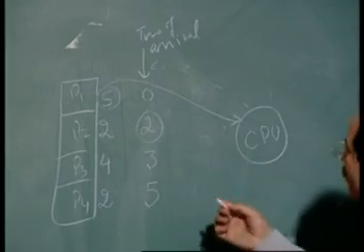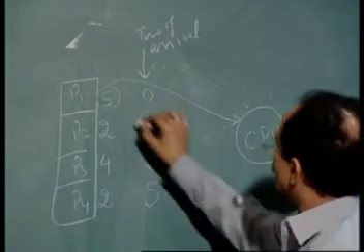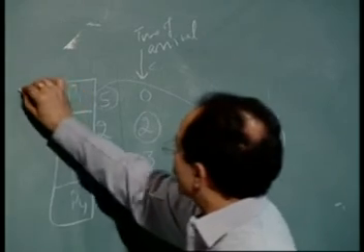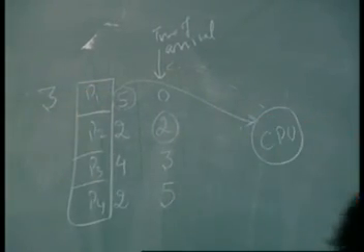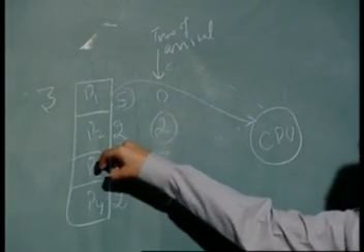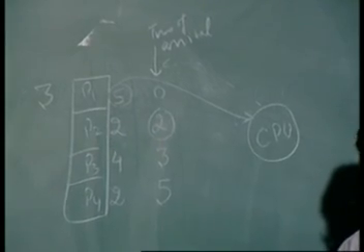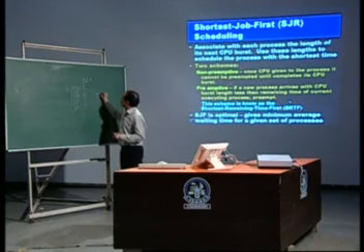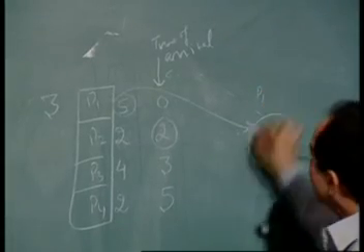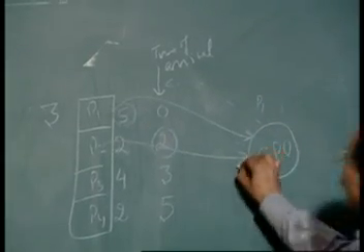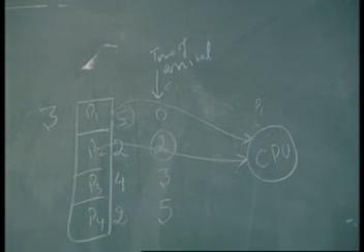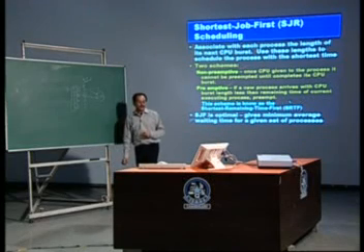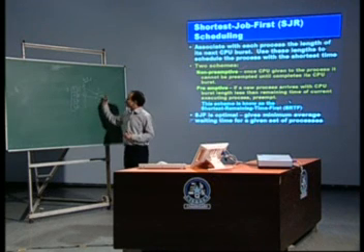If I see how much time is left for execution of P1, it is 3 units of time, and the new job requires 2 units of time. So, what will I do? I will preempt this particular job P1 and load this particular P2 over here. This is what we call shortest remaining time first scheduling.